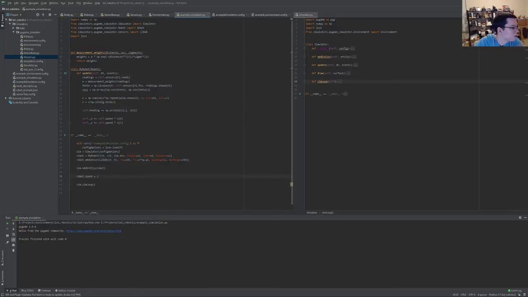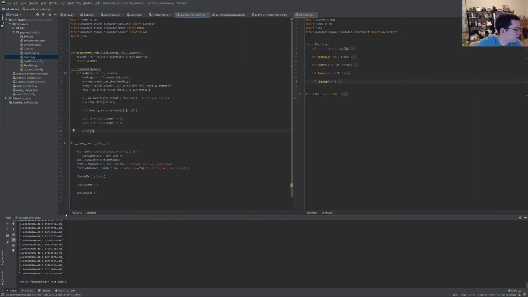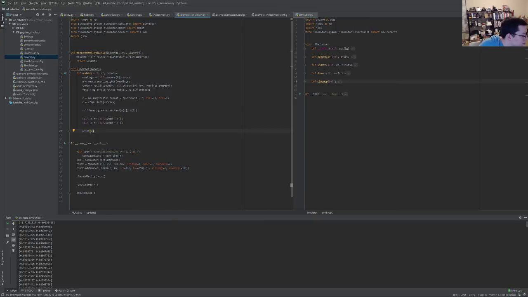Interesting. So there's a bug here somewhere. Let's print v. I'm getting lots of very large, well, one, and very small numbers. Oh, you know what?